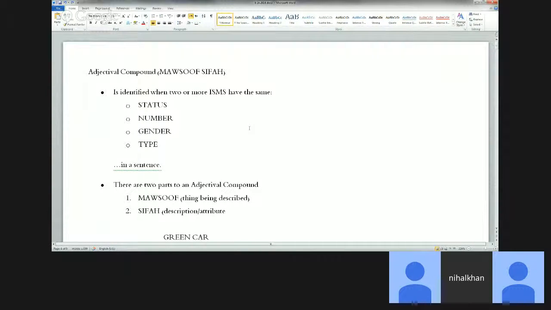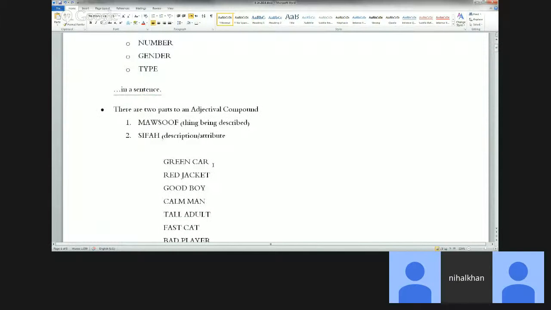There are 2 parts to an ejectable compound. Number 1 is the mawsuf, which is the thing being described, and the sifa, which is the description or attribute.